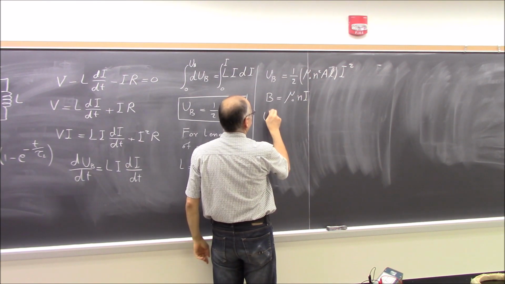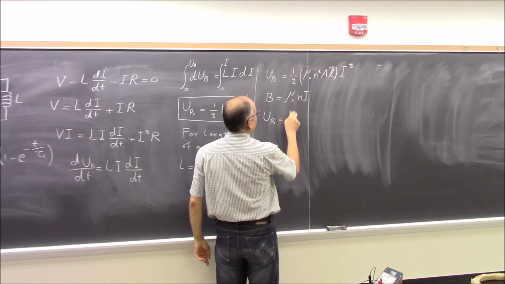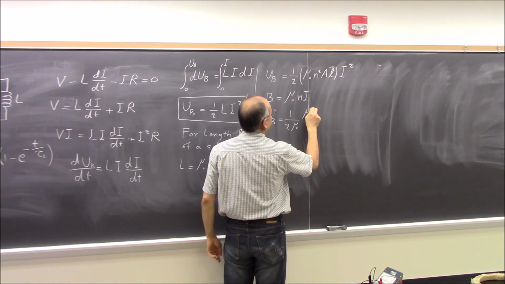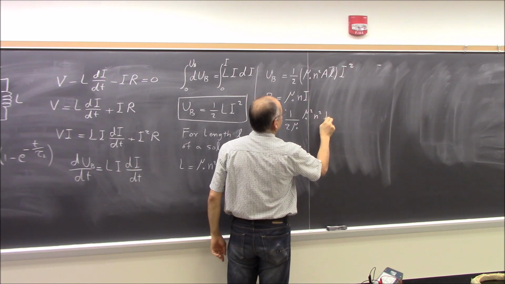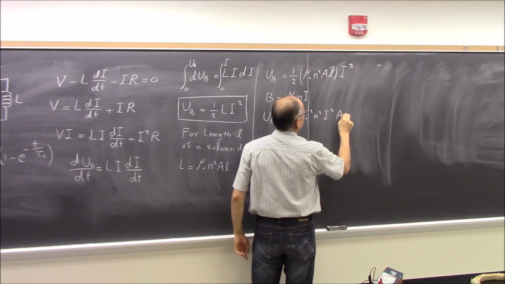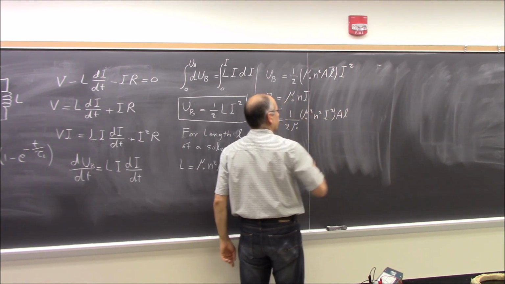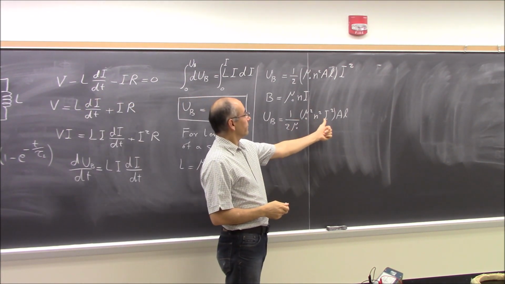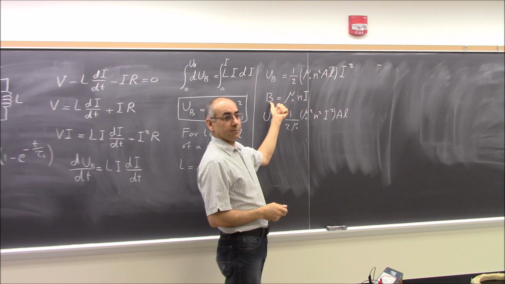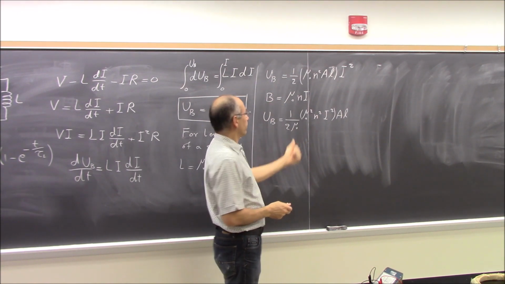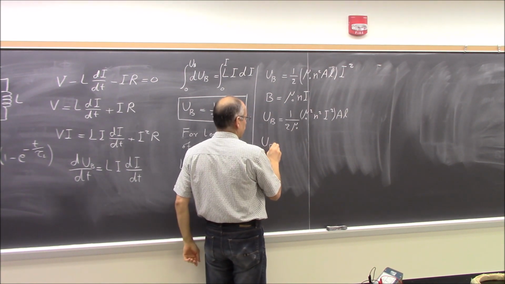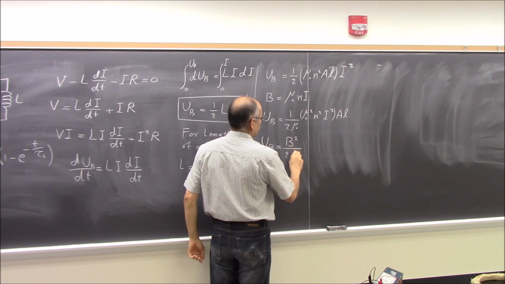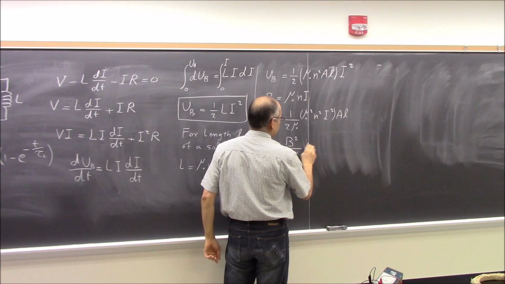So U_B becomes 1/2 mu naught, then again mu naught squared, n squared, I squared, A times l, right? And this mu naught squared n squared I squared is B squared, right? And so we have U_B equal to B squared over 2 mu naught times A times l.